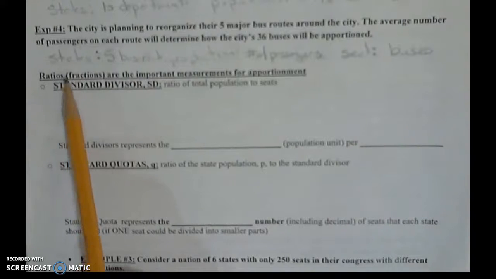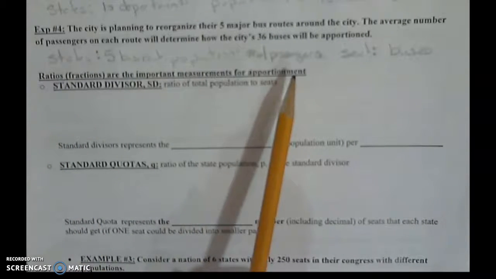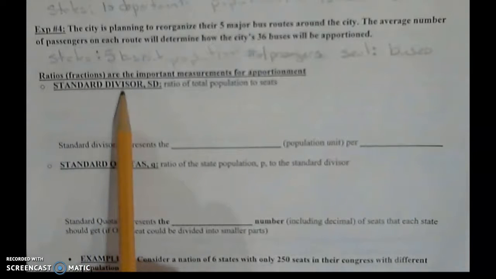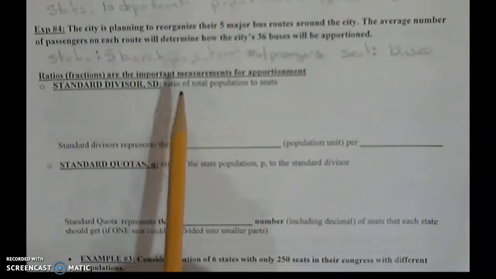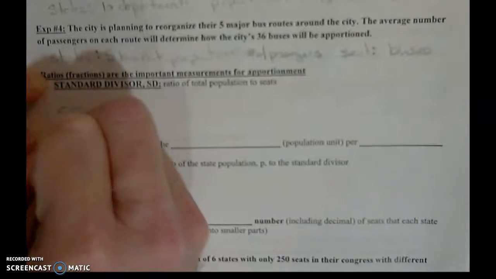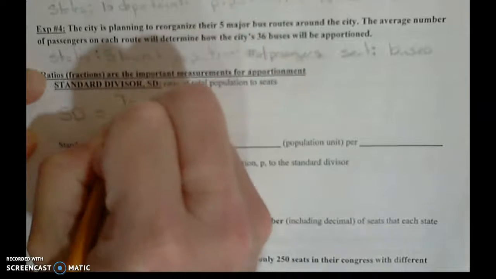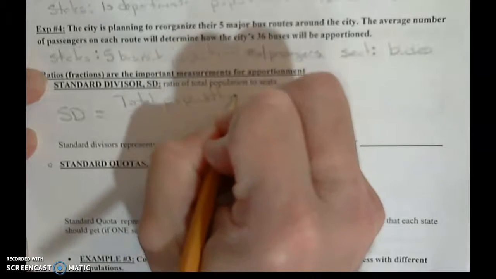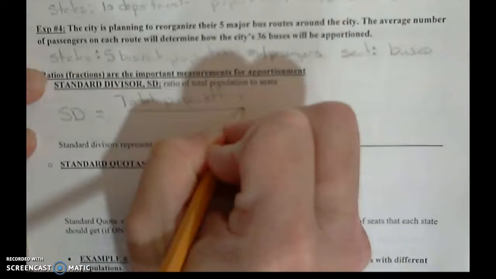All right, so some ratios that we're going to use to determine some of our apportionments are as follows. One is going to be what we call the standard divisor, or the SD, and that is the ratio of the total population to the seats. So my SD is going to be the total population over the number of seats that we have.